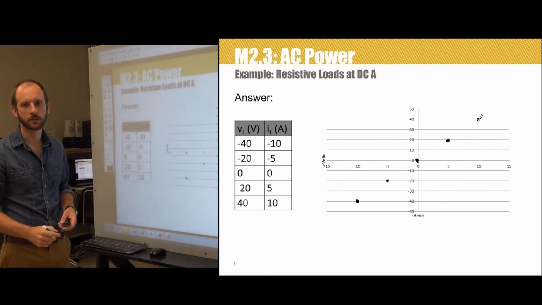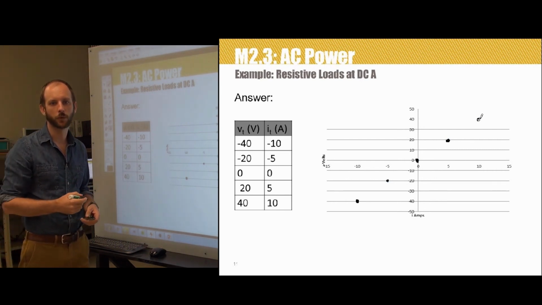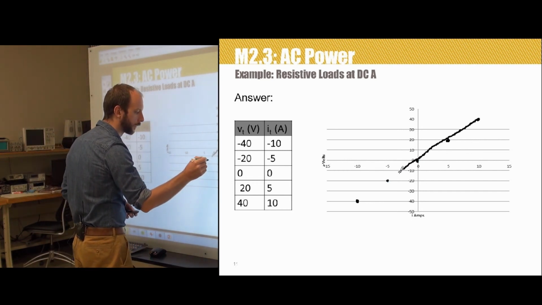But with this, we can safely assume that the equation of the line illustrates that the terminal voltage is directly proportional to the terminal current, because we can see that this is a straight line.